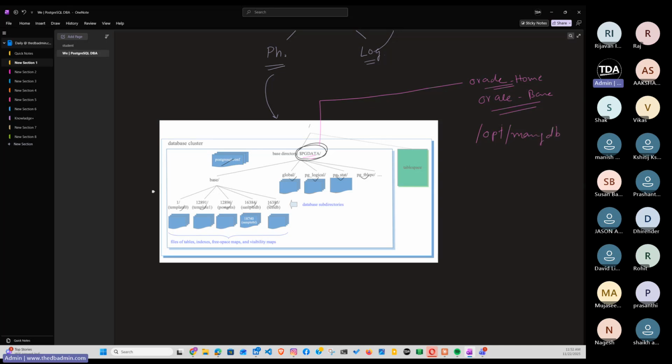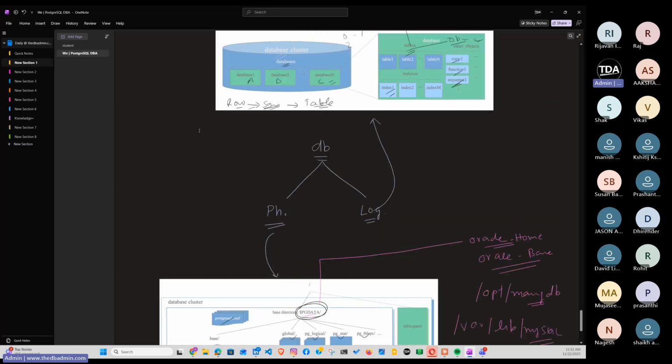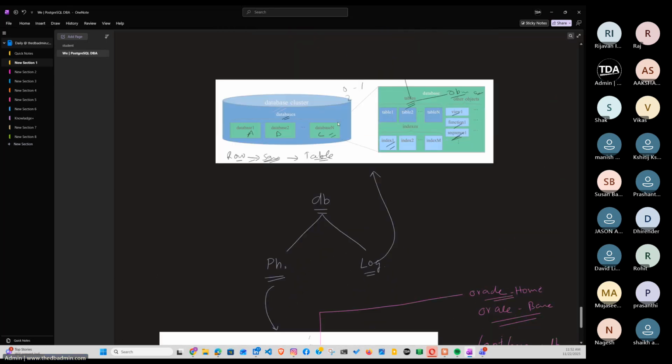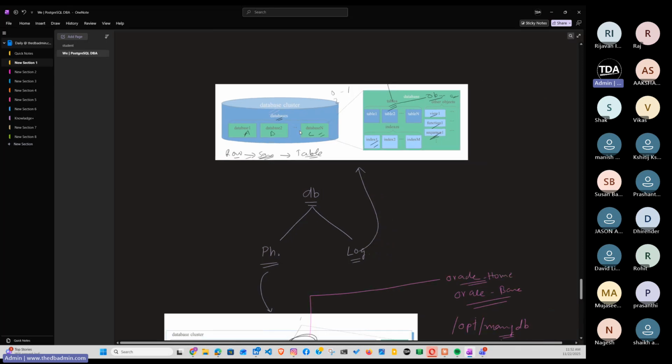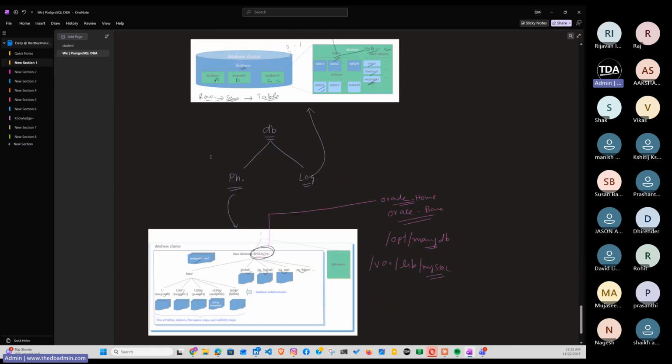People coming from MySQL can think of it as /var/lib/mysql. Basically, it is a place where I'm keeping my database related files. They are physical locations. So whenever I say logical and physical, your mind should remember these two architectures. Otherwise you will get confused. And I'm going to do top ups of all these things step by step.